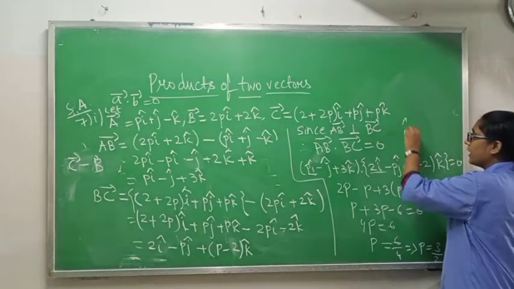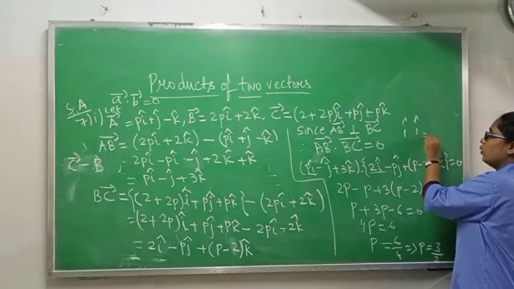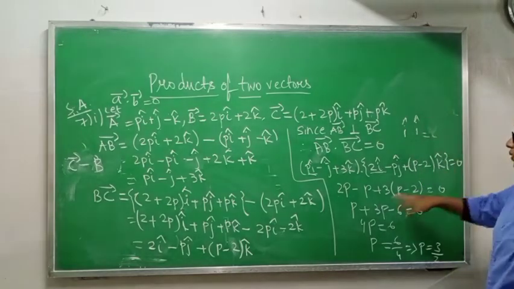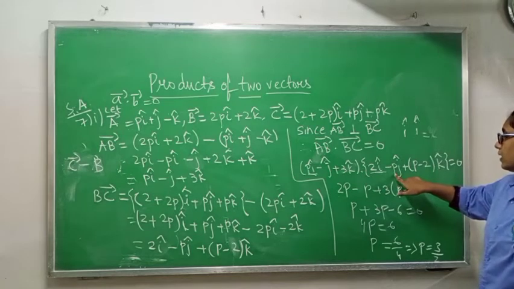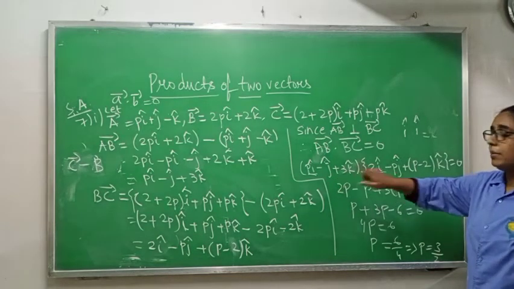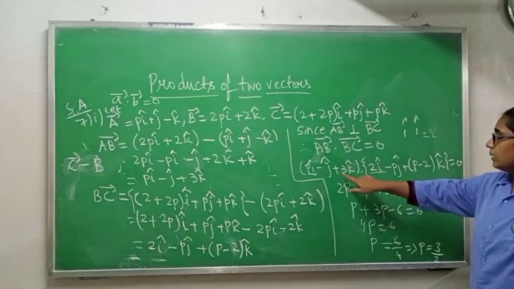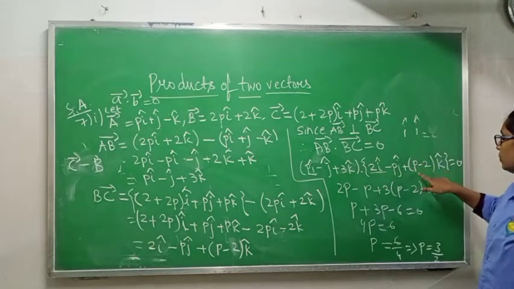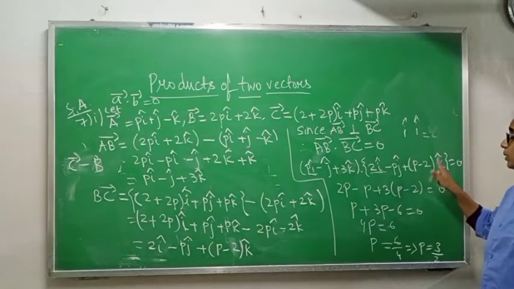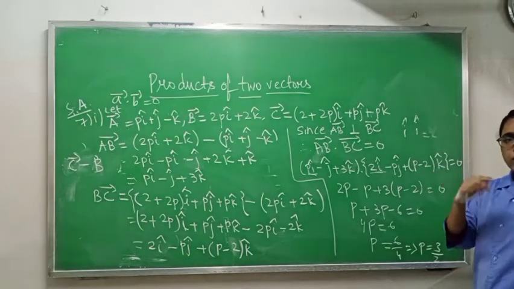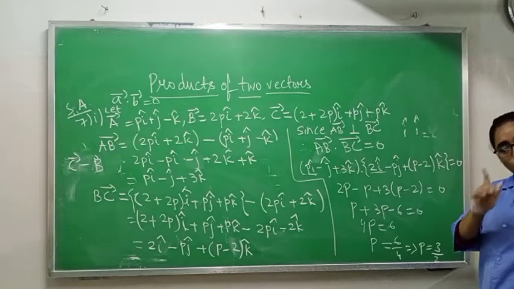In dot product, i cap into i cap will give you 1 only. The minus j into minus p j: j cap into j cap is 1, and p you will get the same. 3k into p minus 2, so you will get 3p minus 2. Okay, because i cap multiplied 1, j 1, k 1.